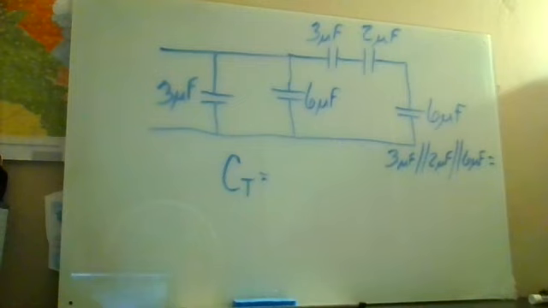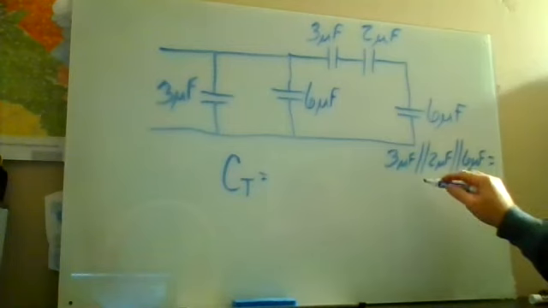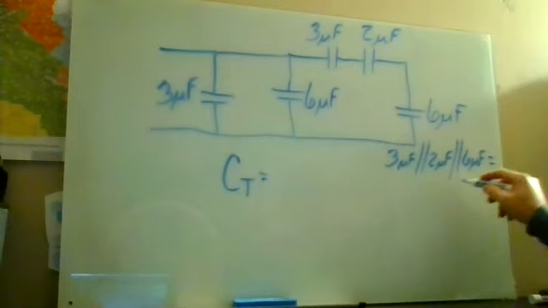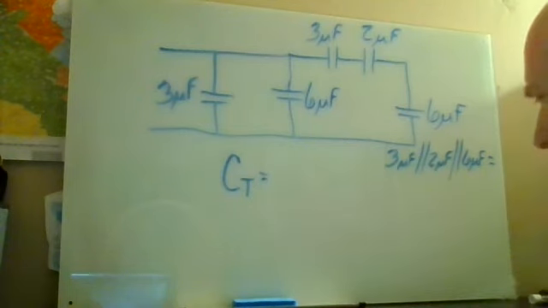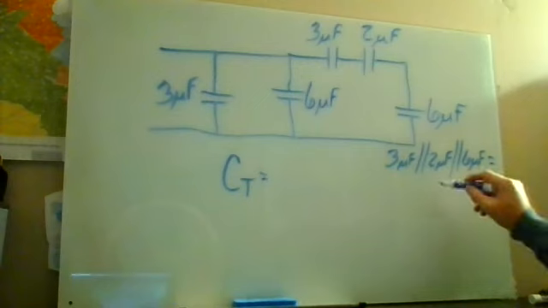Anybody got it? Come on, somebody's got to have it by now. 1.2 microfarads? Sure, you got 1.2. I got 1 microfarad. There you go. You come right out at 1.